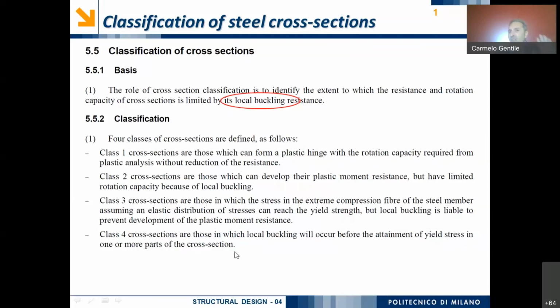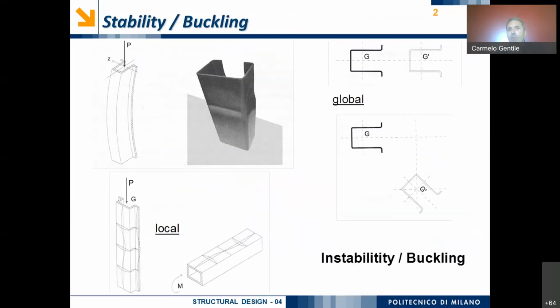So in this case, maybe it's better to protect the yielding bending moment, for example, by using quite a large safety coefficient. But since local buckling and overall buckling is so important in steel structures, I would like to remember something about the possibility of local and global buckling.